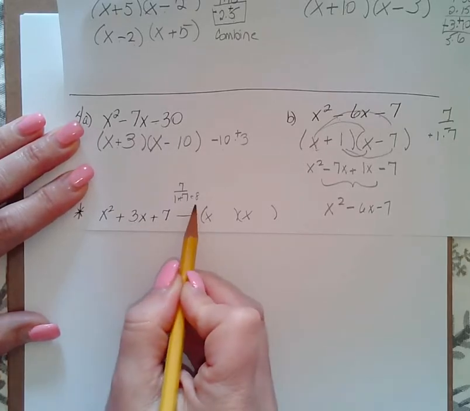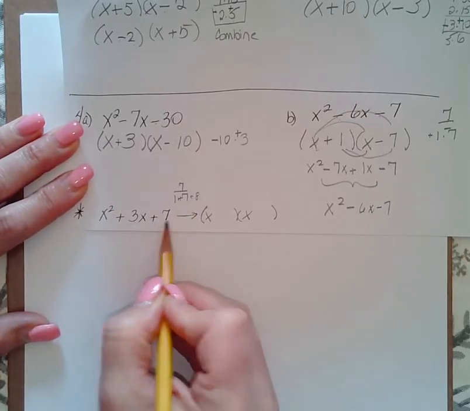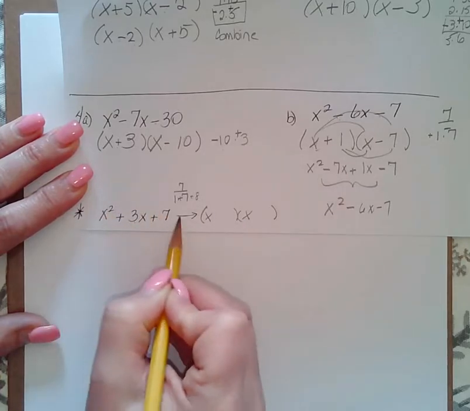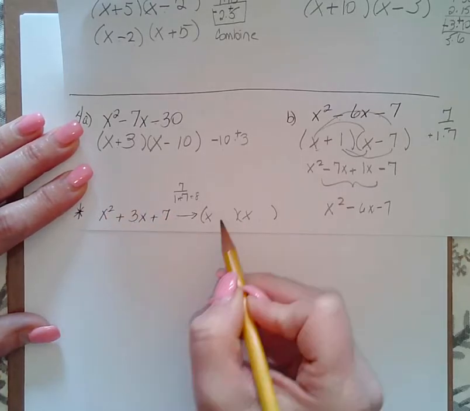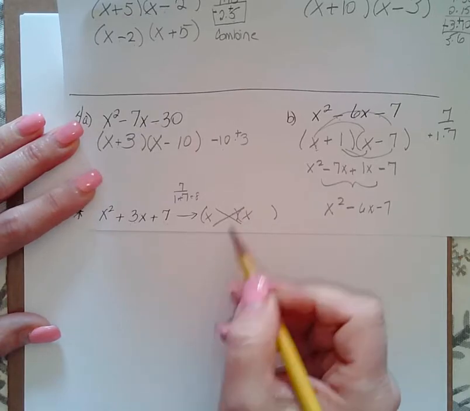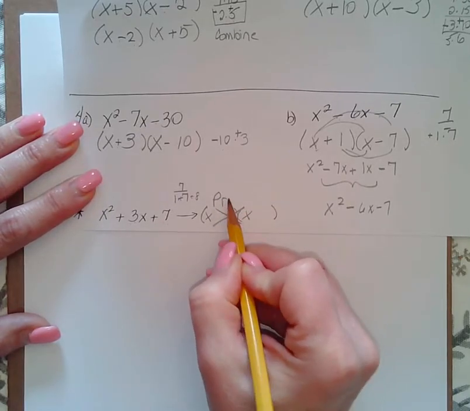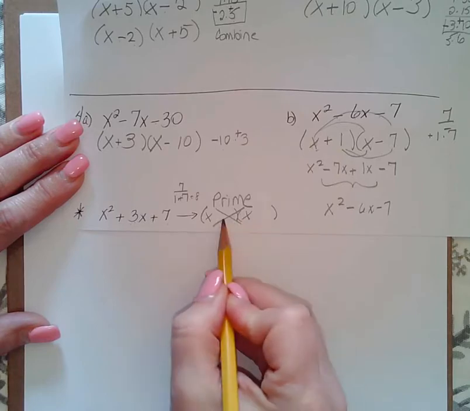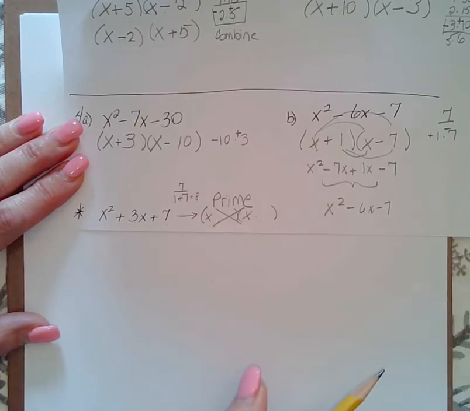So when you cannot find a pair of numbers for your factors that fits the criteria, then you cannot factor it, and we call it prime. Just like we have prime regular numbers like 17 and 7 and 23. You can't find two numbers other than 1 and itself to multiply to give you 17.